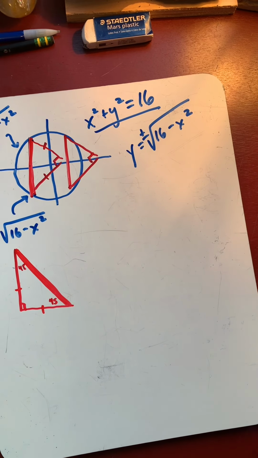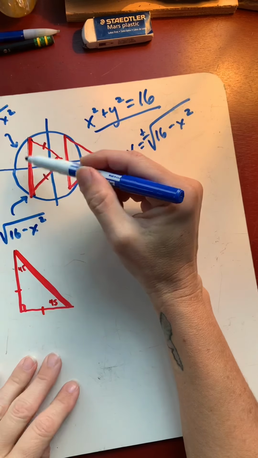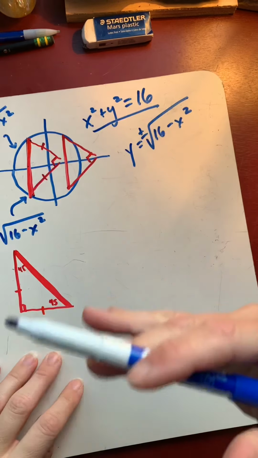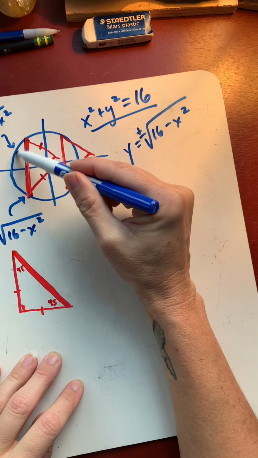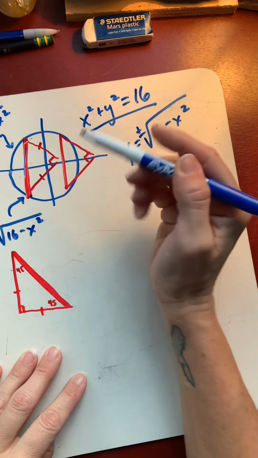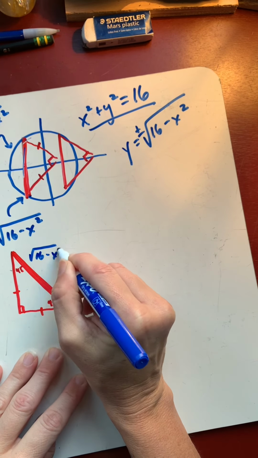I love it. Okay, so how do we figure out how to label this? Well, if you just stay the way we've always done it, this side can be top curve minus bottom curve. The top curve is the square root of 16 minus x squared.